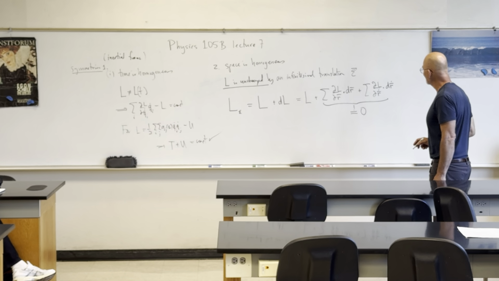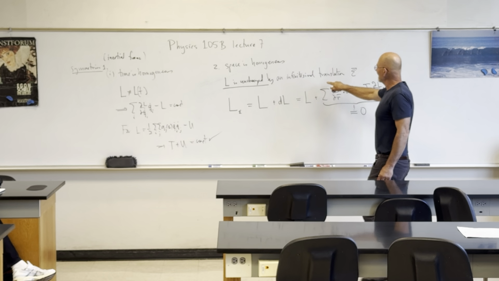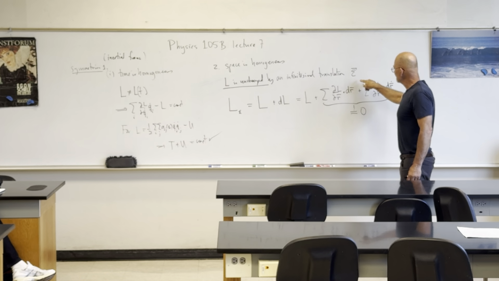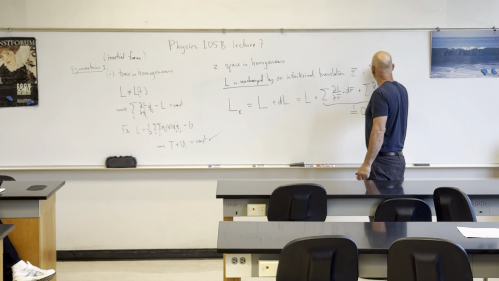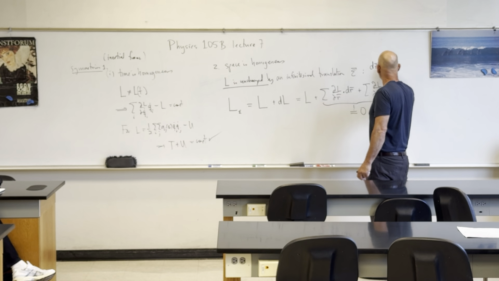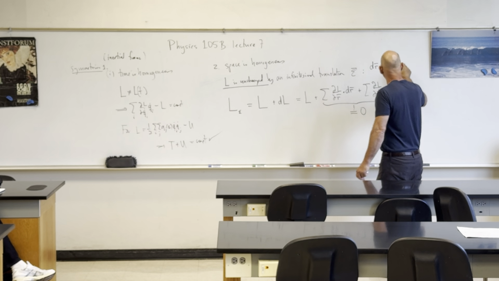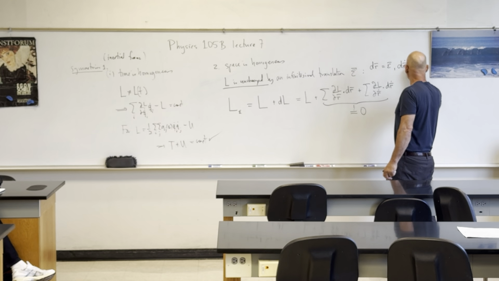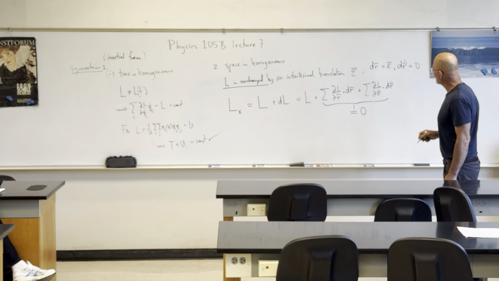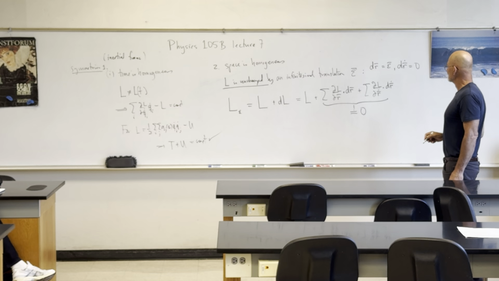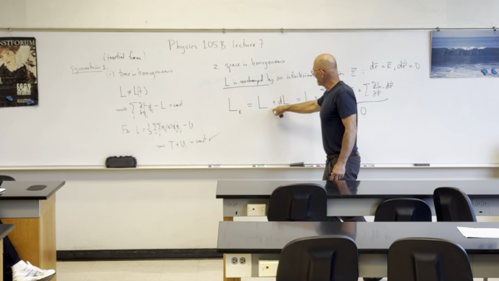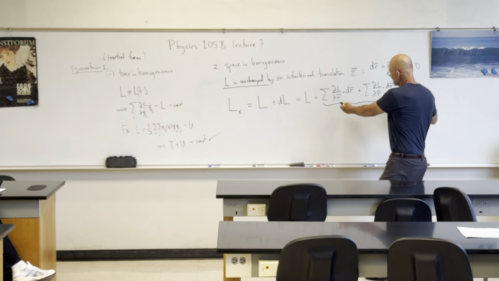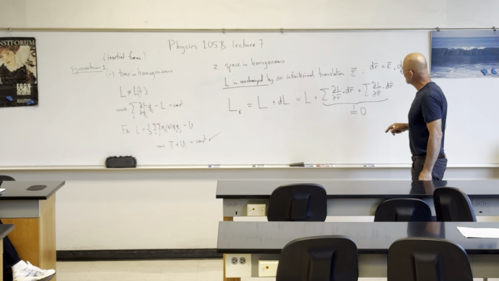Right? We require that that vanish, but we've got an infinitesimal translation of the entire system, epsilon. So what we have is delta r is equal to epsilon, but delta r dot is equal to 0, because epsilon is just a constant. So we're requiring that the Lagrangian be unchanged. So it's unchanged up to the first derivative.